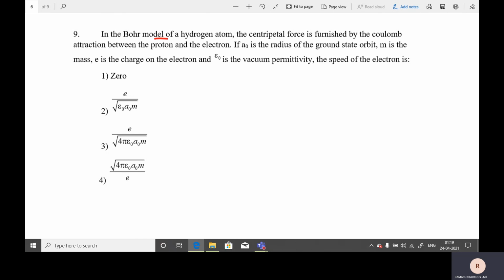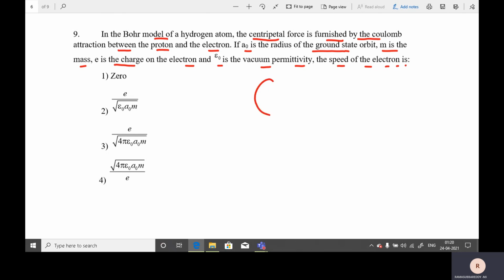In the Bohr model of hydrogen atom, the centripetal force is furnished by the Coulomb attraction between the proton and electron. If a0 is the radius of the ground state orbit, m is the mass and e is the charge of an electron, and epsilon naught is the vacuum permittivity, find the speed of the electron.